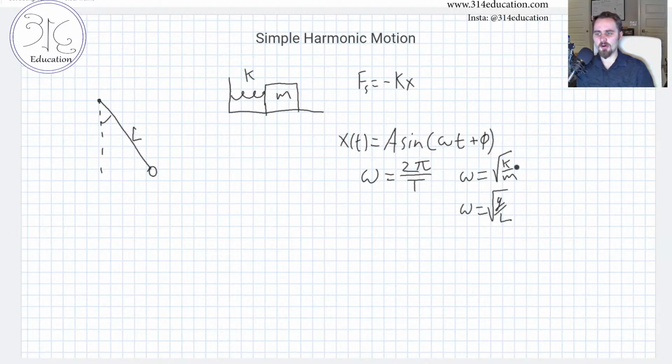And so notice how our mass on the spring system, because we can set this still equal to our 2 pi over T, so we can directly compare our k value and our m value to the period of oscillation. And so we see this depends on the mass. If we increase the mass, then that changes our period. But we can see for our pendulum case, which again we can set equal to 2 pi over T, that this does not depend on the mass.